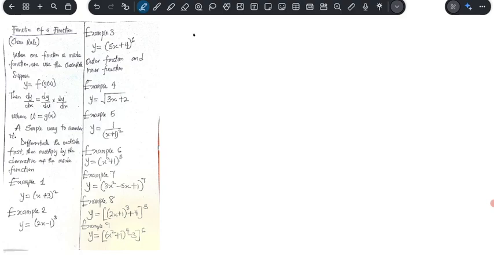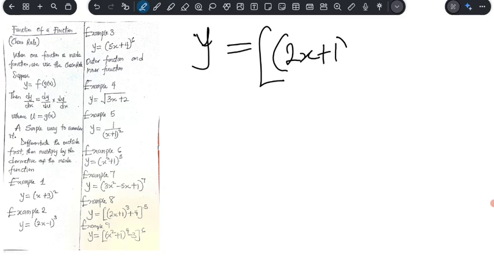So we have y is equal to, there's a big bracket, a small bracket, (2x plus 1) raised to power 3 plus 4. You close the bracket.